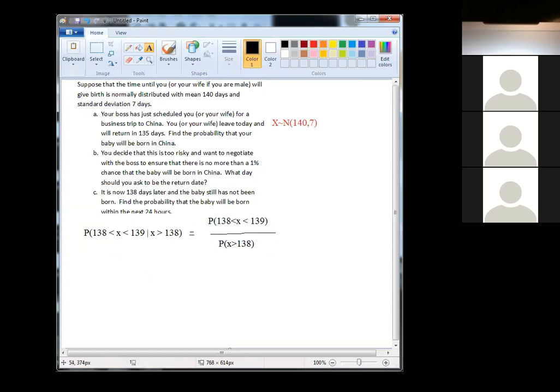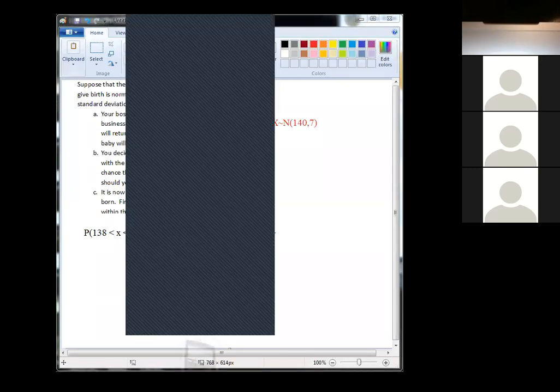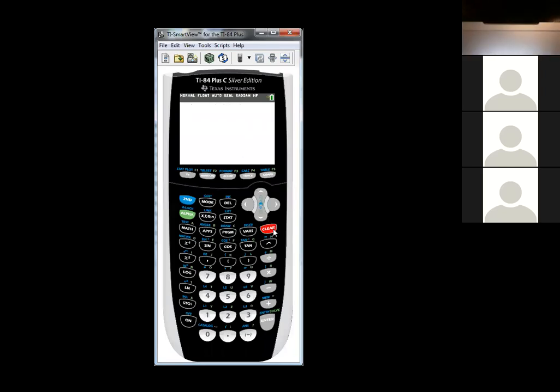So if I go to my calculator, let's go to second distribution. Let's go to normal CDF. We're going to go 138 for the lower, 139 for the upper.